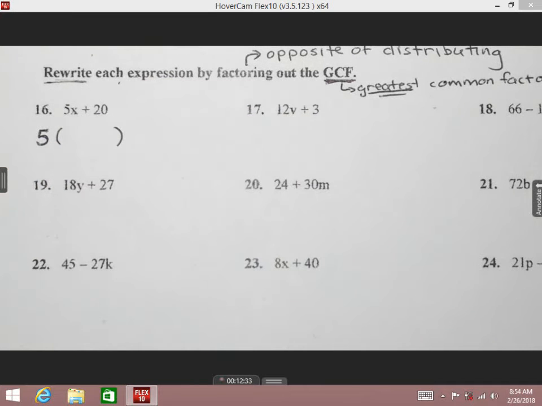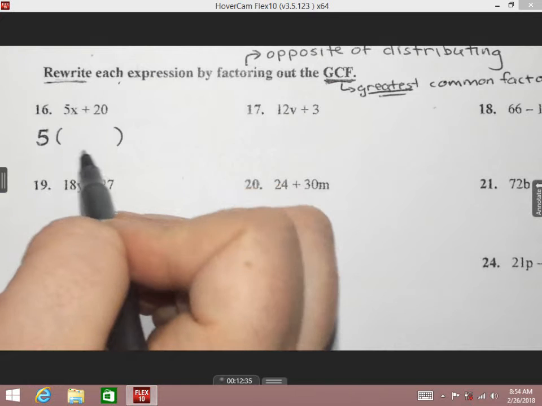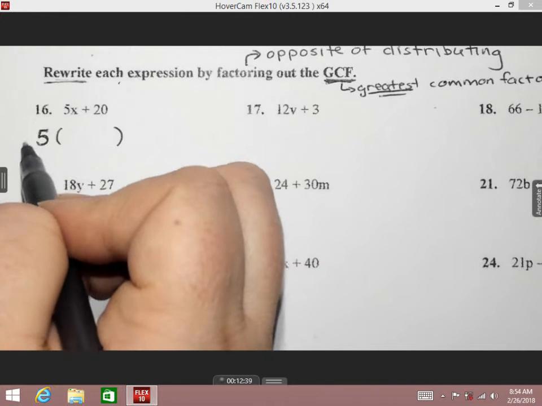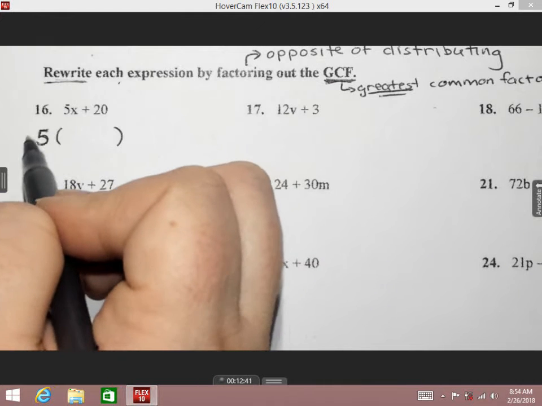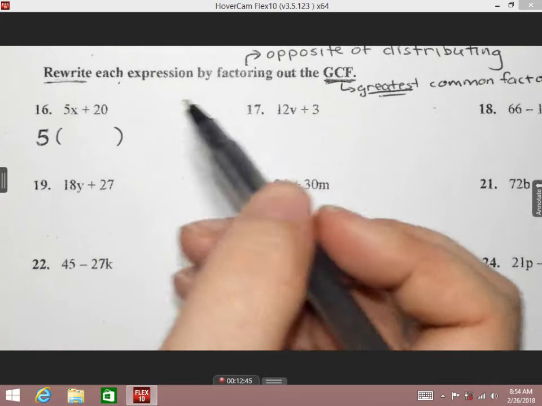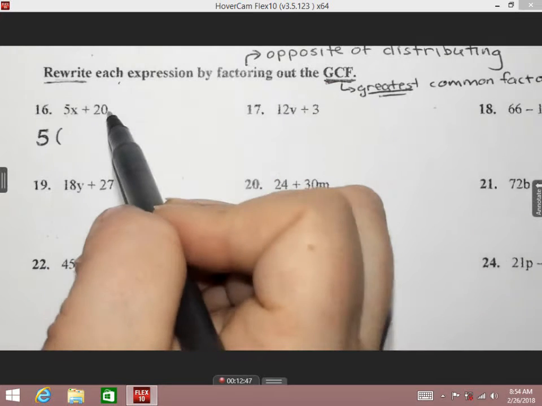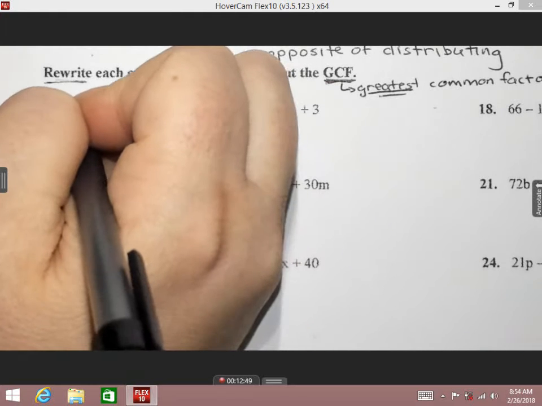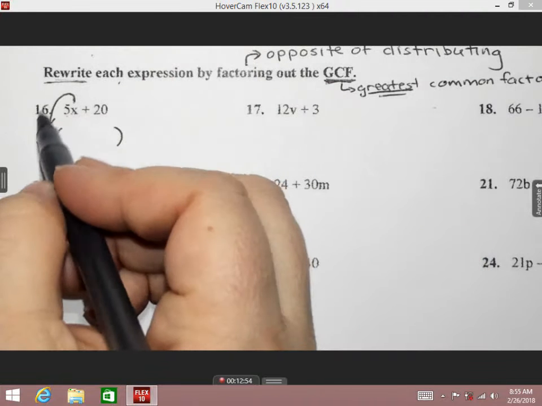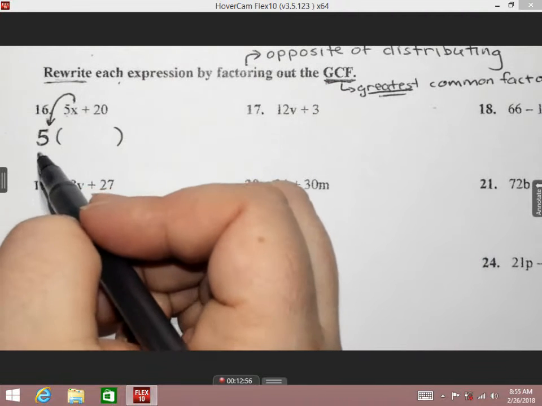All right, so what we're doing is we're creating the parentheses. How did I get the 5? Someone remind me. Where did the 5 come from? Emily? The biggest number that goes into 5 and into 20. So instead of multiplying it and putting it in, I'm going to divide it and take it out.